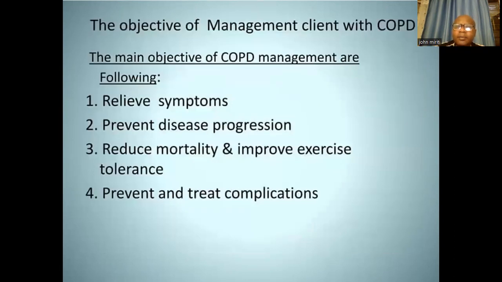So the objective of management of this patient is that you have to know that this patient is having difficulty breathing. You have to relieve symptoms, like using bronchodilators, or you can even prevent progression of the disease to the next stage, or you can even reduce the mortality and improve exercise and also prevent and treat complications.